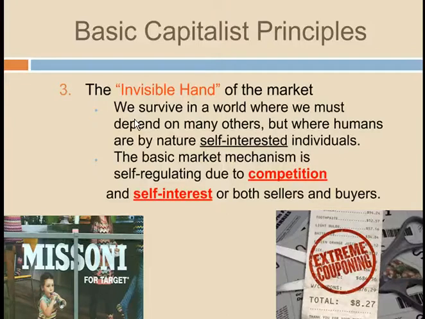So really, what the invisible hand does is it sets price and quantity just through the natural workings of capitalism, by having consumers who are aware of the market and what's out there, and producers who are working to produce a product of high quality at the lowest price. So competition allows for better products, higher quality, and lower price. Both the consumer and the producer, or the buyer and the seller, are able to win just through self-interest on both ends.